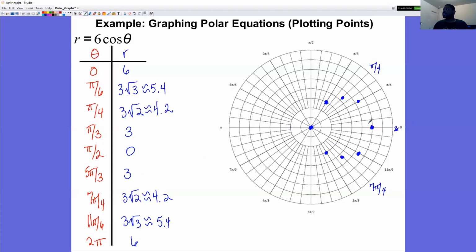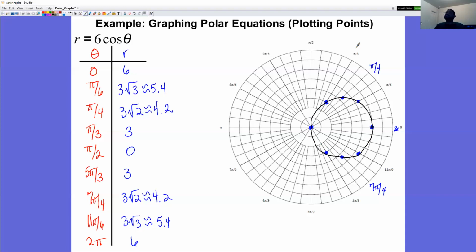There's 2 pi, and you're back where you started. And so we're going to connect our points. And we have a circle.